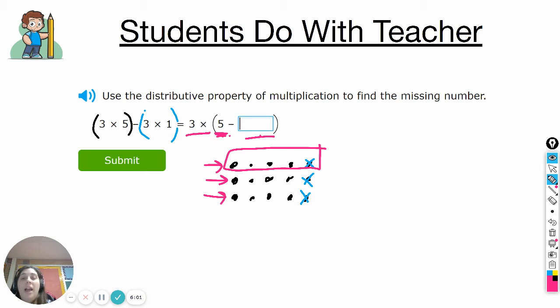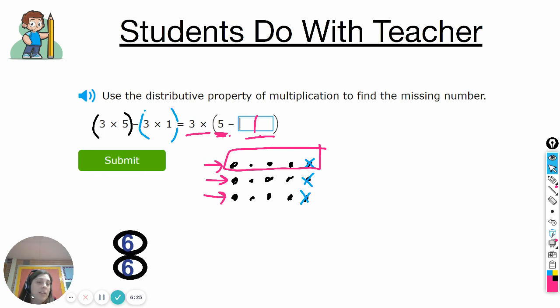Well, we started with 5, and we took away 1. So we just did 5 minus 1, and 1 is what goes in the blank. Once you get that drawing made on your whiteboard, it really helps you solve the problems a little bit easier when you can really see them.